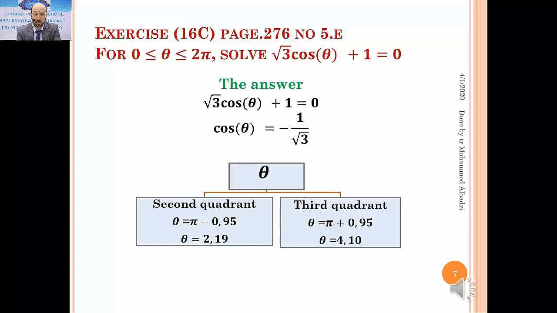Because we have radians in the equation, not degrees. So now in the second quadrant, it will be pi minus 0.95, which is 2.19, and in the third quadrant, theta equals pi plus 0.95, which is 4.10. So theta equals 2.19 and 4.10 in radian measure.